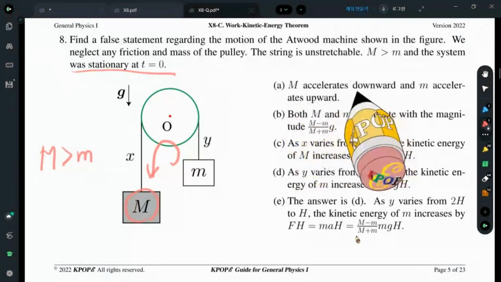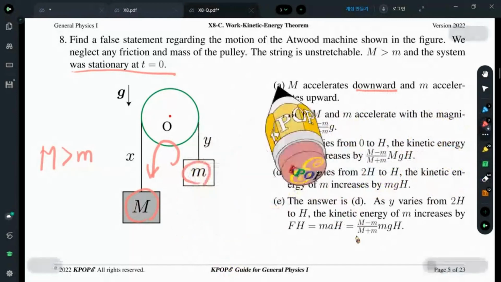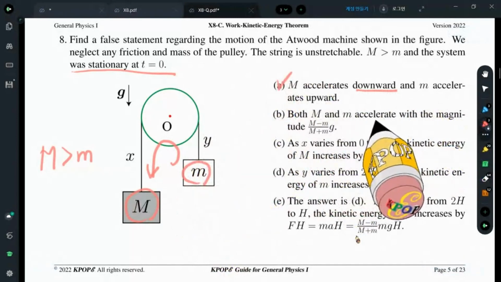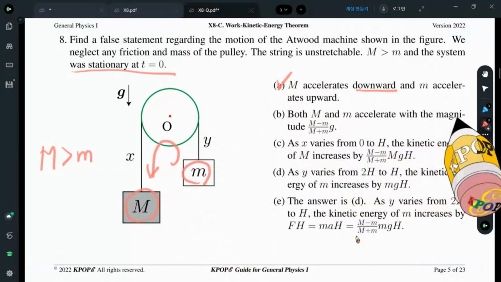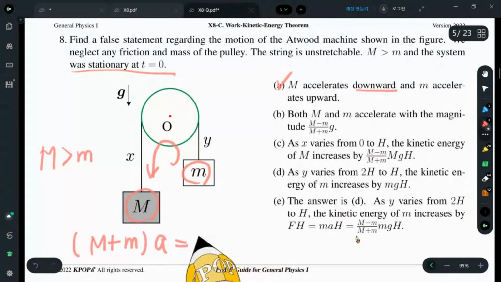Capital M accelerates downward, small m accelerates upward. That's correct. Both capital M and small m accelerate with the same magnitude, so we have total mass times acceleration is the difference of the forces.